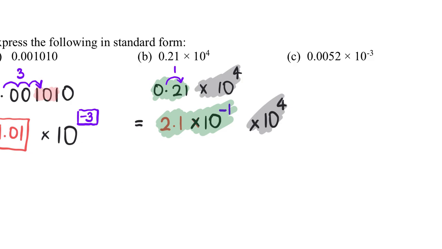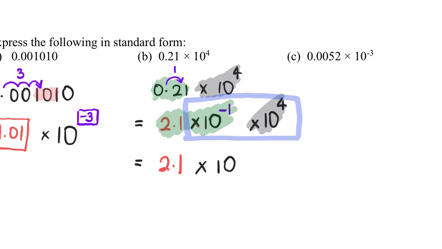Then I still have my 2.1, but for this, I could times 10 to the power of, the base is the same, 10.